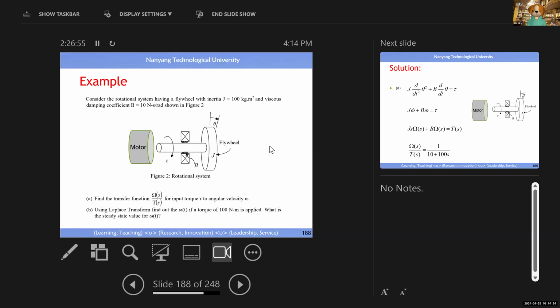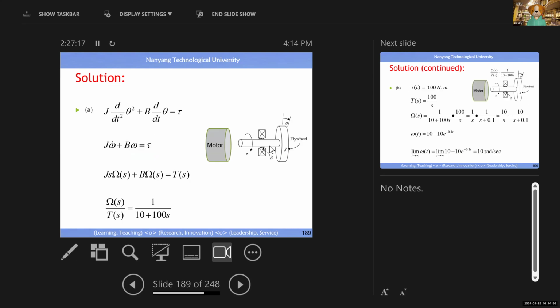And frictional force, damping coefficient is given to you. Now we ask you to find the ratio between the output Laplace transform and the input Laplace transform, right? You will see this is very, very simple. If the torque is a constant, 100 Newton-meter, what will be the steady state value of velocity, right? Okay, very simple.